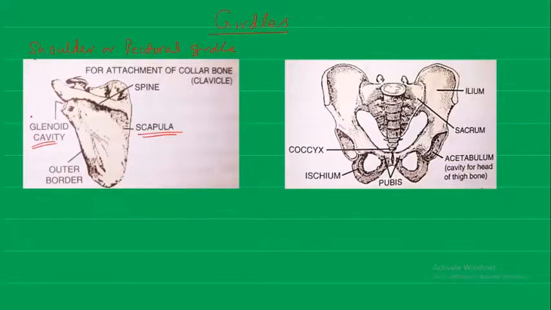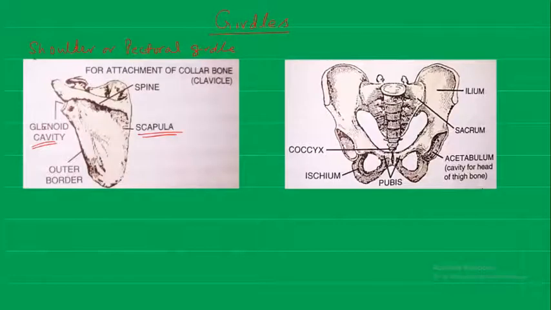This glenoid cavity fits the rounded upper head of the humerus. As we see here, the humerus has this kind of circular shape, which fits into the glenoid cavity. Close to the joint, the shoulder blade has a small raised part to which a long and curved collar bone, known as the clavicle, is attached. The other end of the collarbone is joined to the uppermost part of the sternum.